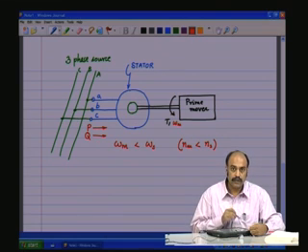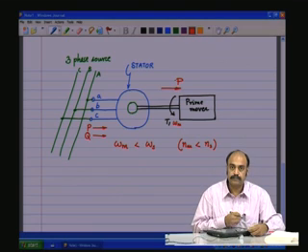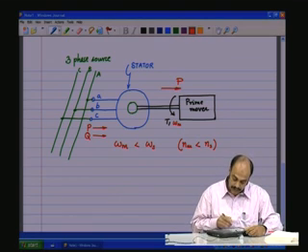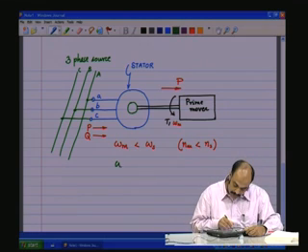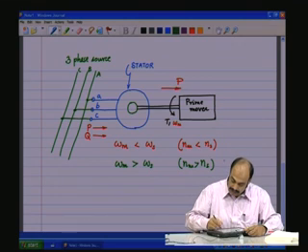So it is going into the induction machine, and the active part, let us say the efficiency is 1, the active part goes here, the active power. Now, if we have omega m greater than omega s, or Nm is greater than Ns, then this is in generating mode.